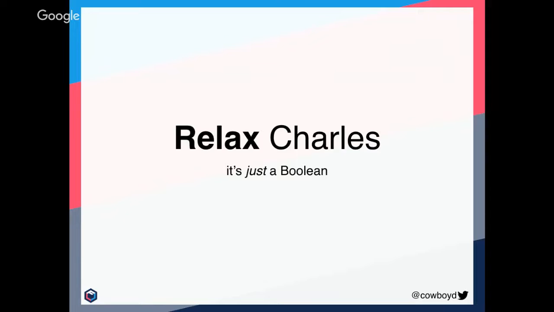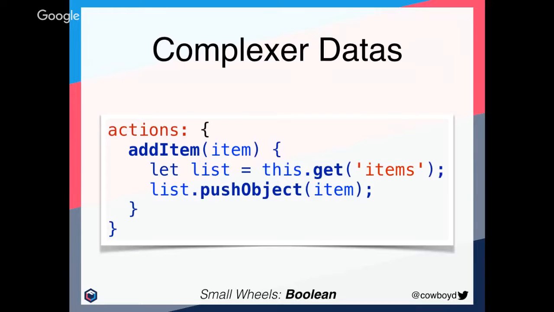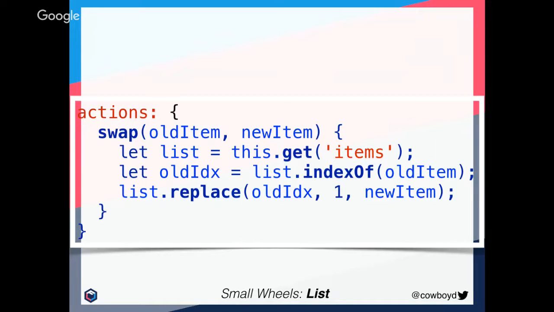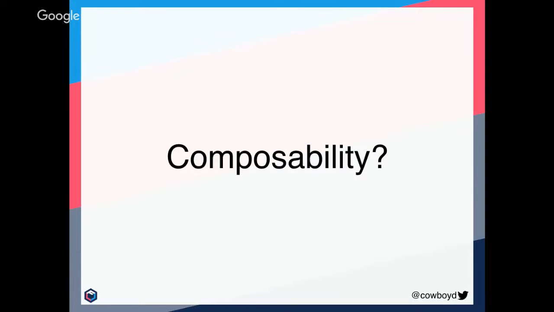But of course, Booleans are just the beginning, right? We see the same kind of boilerplate pop up for more complex objects, like, for example, a list. And we see that again, and again. And what about if we want to do something more complex, like managing a list of Booleans?